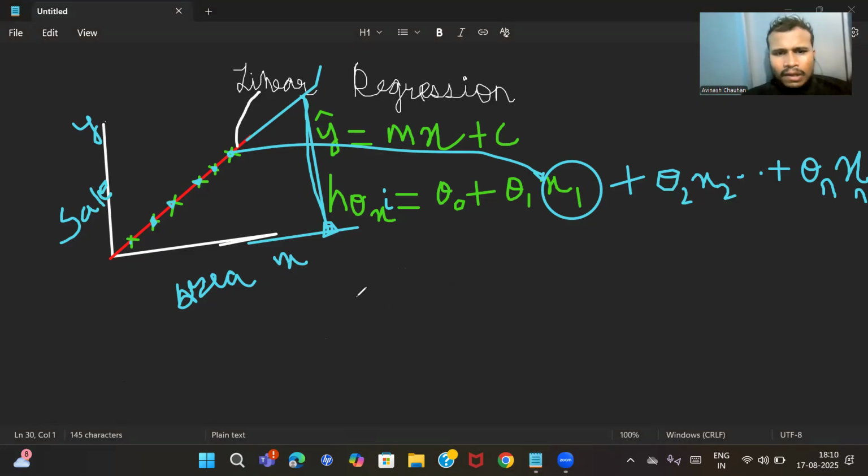If we are going to find the error, right? So what is error basically?